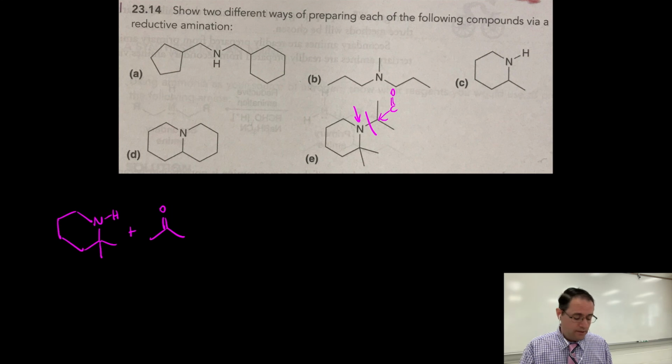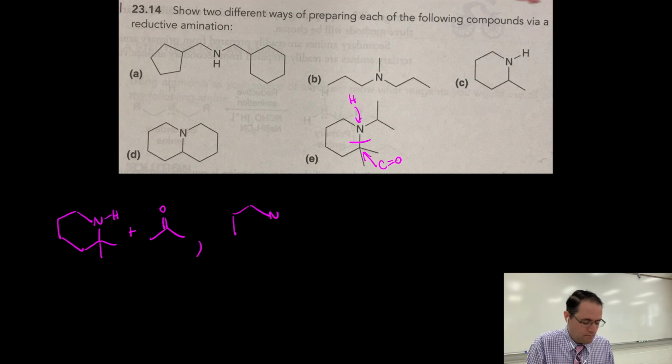Let me erase the retrosynthetic analysis here, and let's try to break it around this carbon here. So here we would add a hydrogen, and then on this carbon we would add a C double bond O. So what I would get there is my amine. That looks fine.